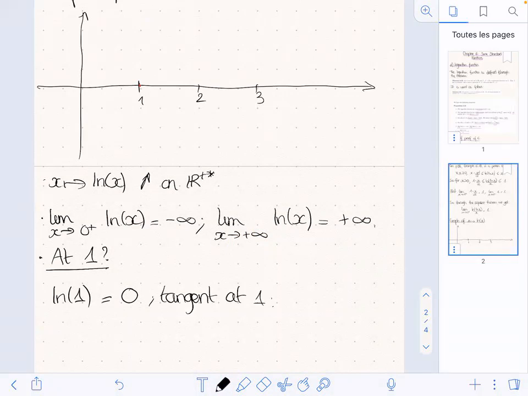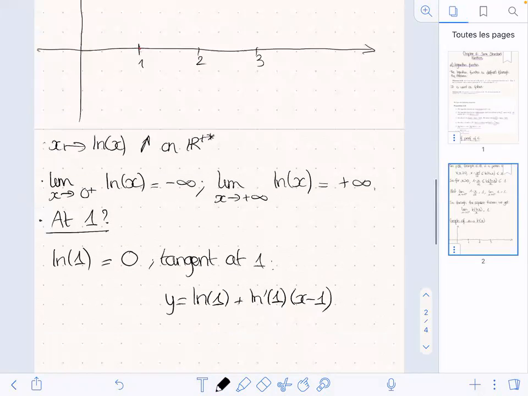You've got the expression for tangents in, I think, definition 6.12 of this chapter. So you know that the equation of the tangent to a curve at a point c is f of c plus f prime of c times x minus c. So here c is equal to 1. So you have y equal to f of c, which is logarithm of 1, plus logarithm prime of 1 times x minus 1.